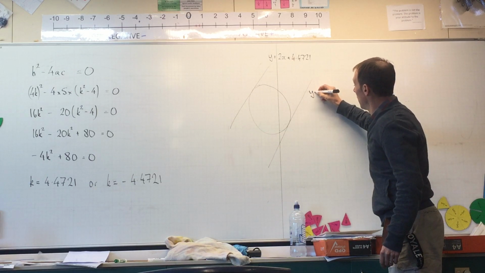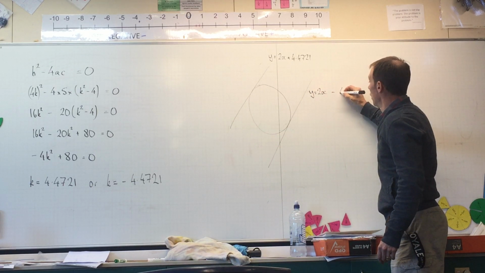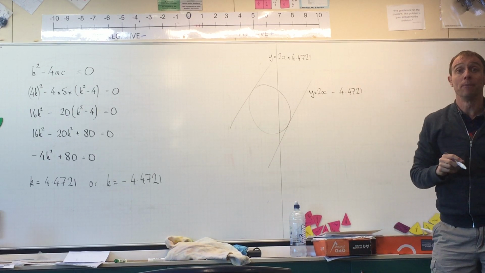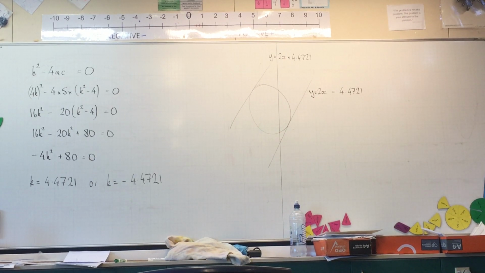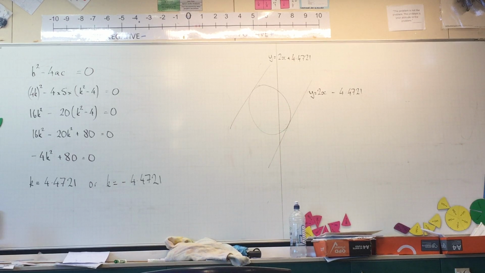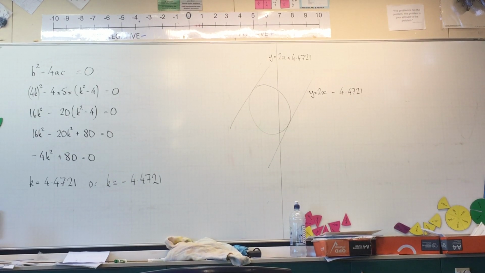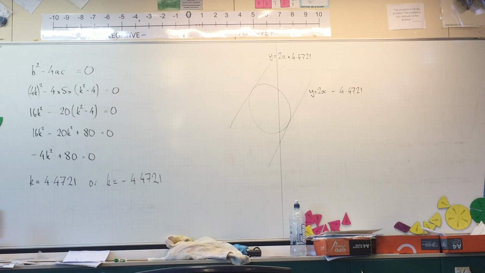And this is y equals 2x minus 4.4721. My drawings are terrible. And if I remember rightly, we wanted all the possible equations where the line parallel to y equals 2x minus 3 crosses the circle twice. Is that what we wanted?